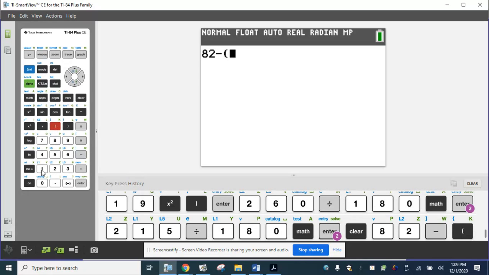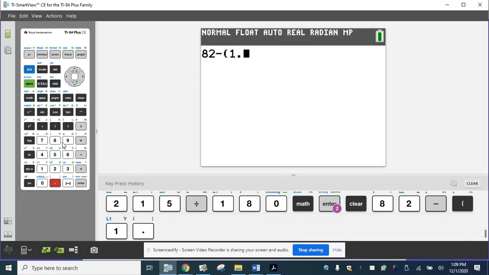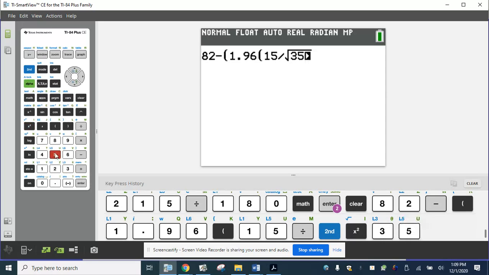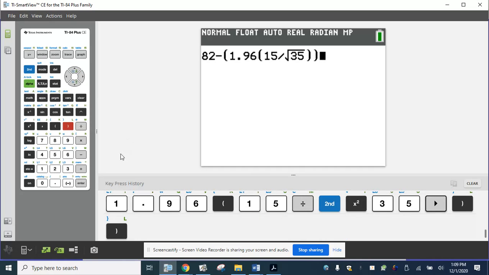I'm going to do times 1.96. I'm going to open my other parentheses, 15 divided by the square root of 35. Okay, and you may have to use your right arrow to get the closed parentheses for that.